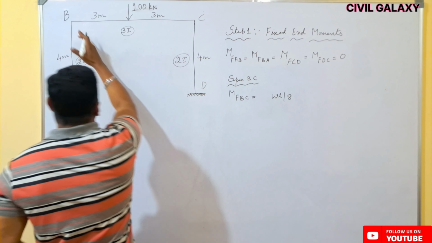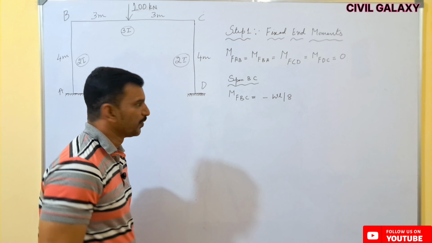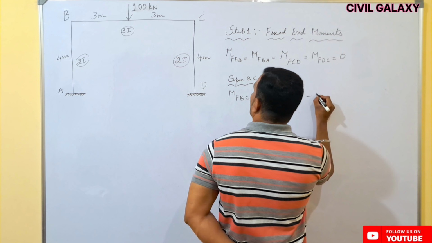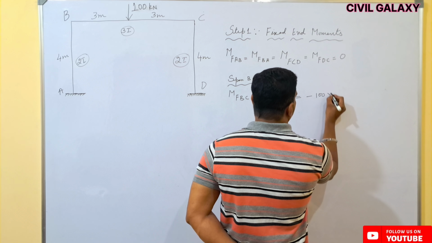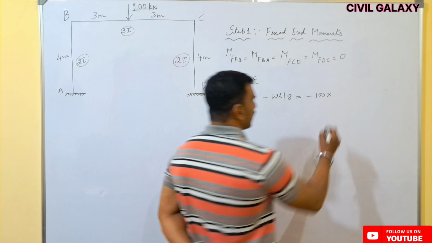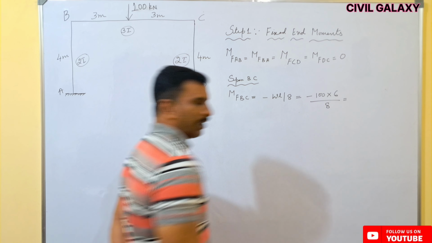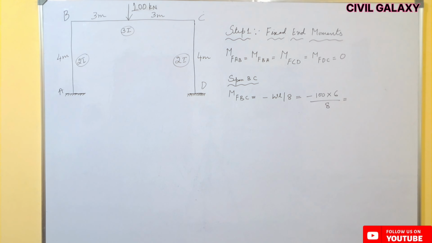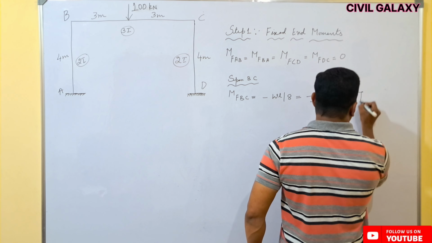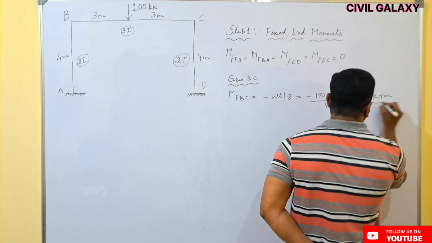Since we are coming from left to right, the sign convention here will be negative. So here W is given as 100 and the span is 6 meters, so 100 into 6 upon 8, which will be equal to minus 75 kilonewton meters.